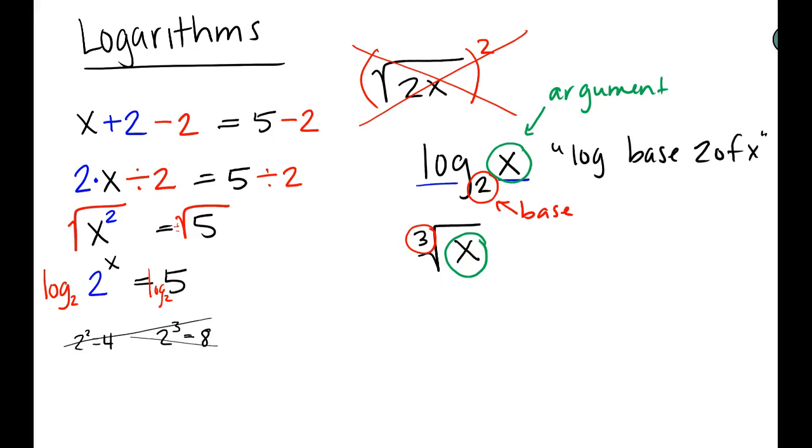If you have something that looks like this, if you have log base 3 of 4 divided by 2, you cannot divide these together. You cannot do any operations on that, because that is what we are taking the log of. And the first thing we have to do is evaluate that log.